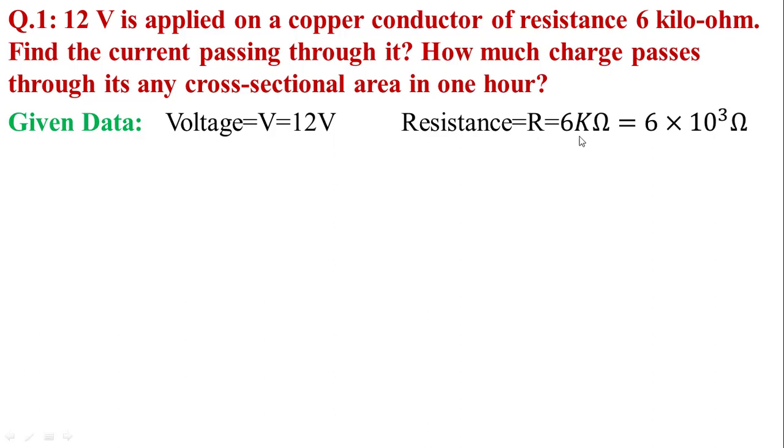Now R is equal to 6 kilo ohm. 1 kilo is equal to 10 raised to power 3. So resistance R is equal to 6 multiplied by 10 raised to power 3 ohm. Time is given as 1 hour, so time T is equal to 1 hour, which is equal to 3600 seconds.